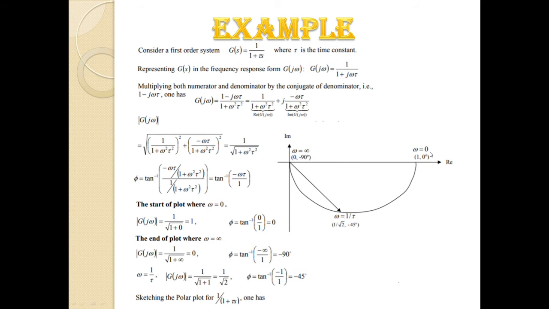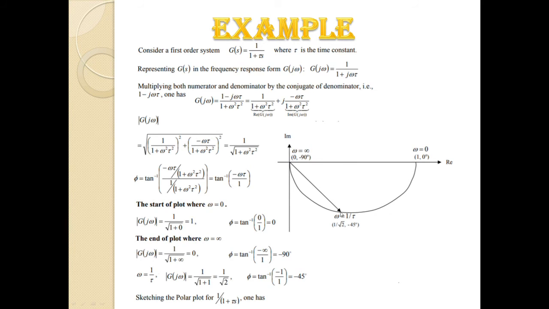So, this magnitude is 1, the phase angle of this point is 0 degree, and here the omega value is equal to 0. Next, we take another point, 1 by root 2, when the omega value is 1 by tau. We get 1 by root 2 when the phase angle is minus 45 degree. So, we take this minus 45 degree angle, and along this angle we take the point 1 by root 2.